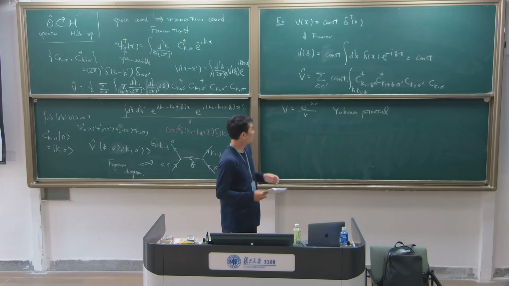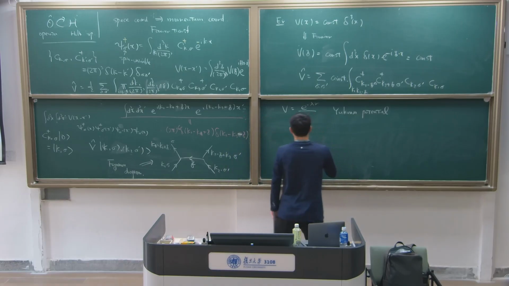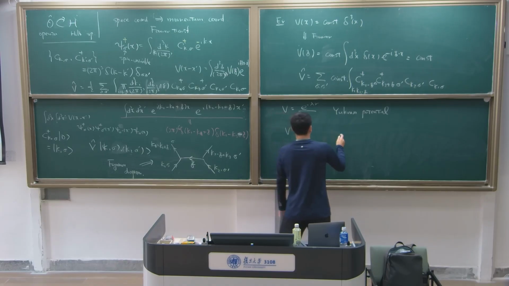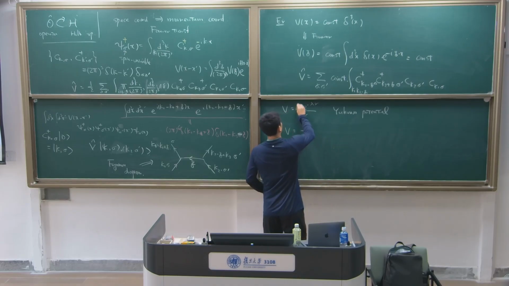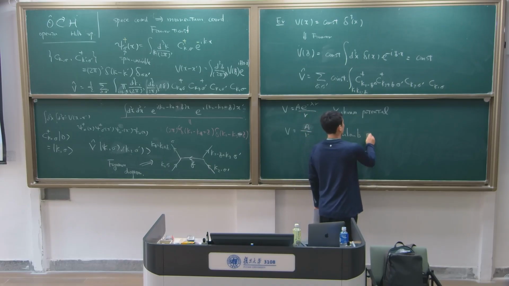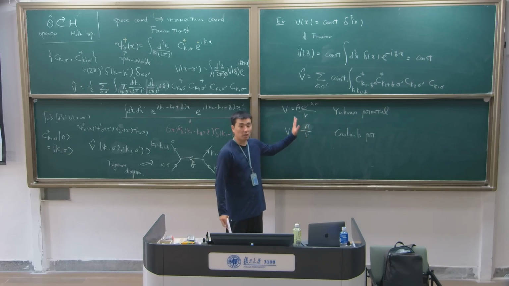That's why it's called that. The important thing is that the Coulomb potential is 1 over r times some constant. I don't care about the constant at this moment, so let's call that constant A. This is the Coulomb potential, 1 over r, inverse to the radius.